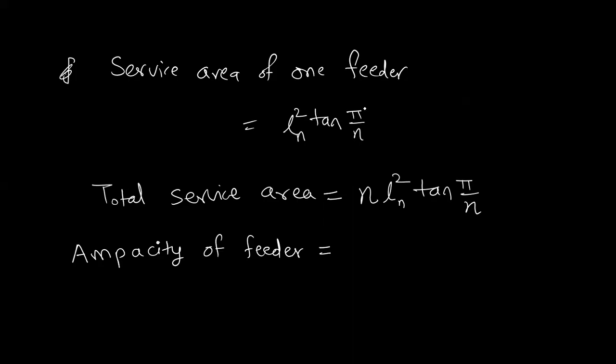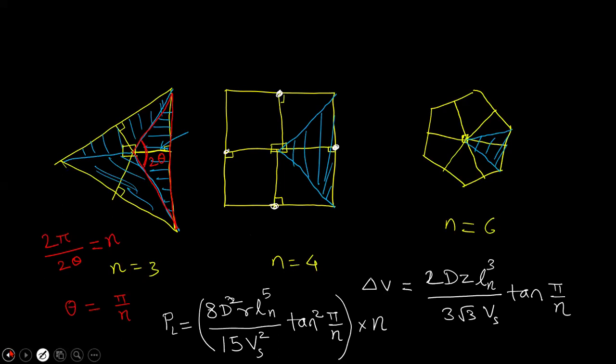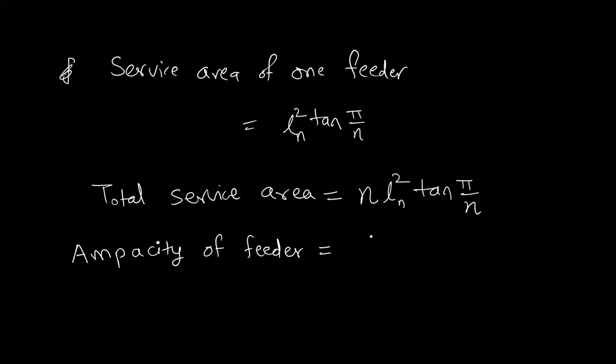We have the service area served by one feeder, which is L square tan pi by n, and we know the current density. D is the power density. When we do D divided by root 3 times Vs, that gives the current density. So current density is D by root 3 Vs. Multiply that by the area, that is L square tan of pi by n. So that is the ampacity of an individual feeder.